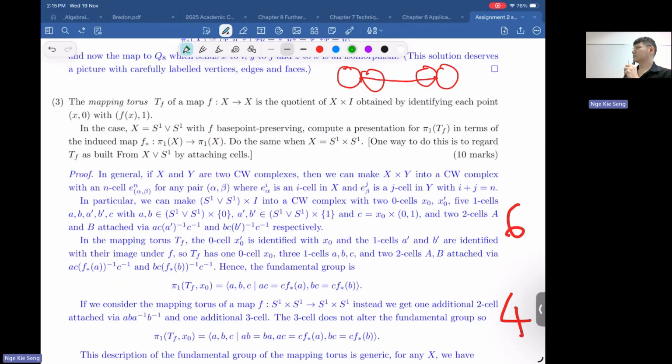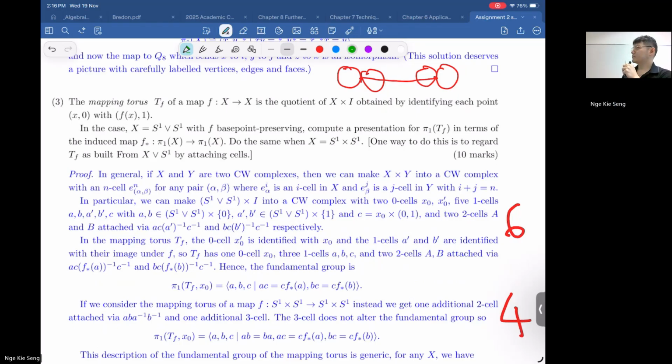You can imagine something like this: S1 wedge S1, and then you form a cross product with a unit interval and then you identify them.